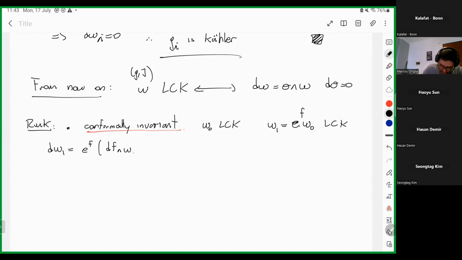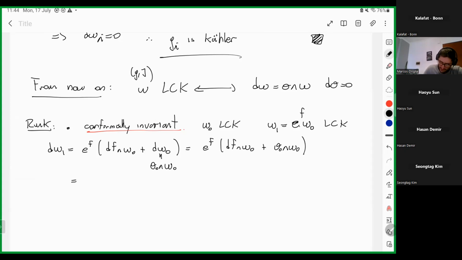Which is df wedge ω0 plus dω0. But ω0 was LCK, so this is just θ0 wedge ω0. So what we have here is exponential of f, df wedge ω0 and θ0 wedge ω0.